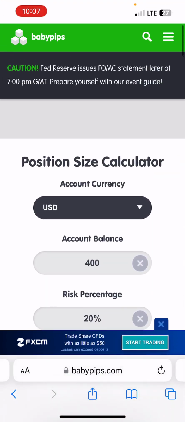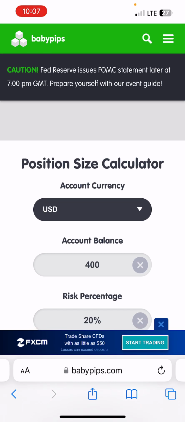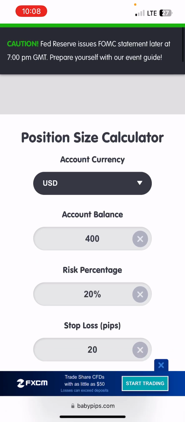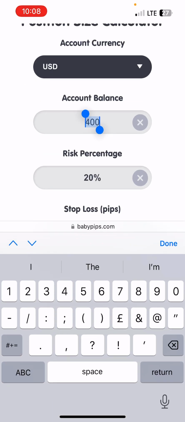So now if you are using a ProFirm, it will be very, very different. Okay, ProFirm is very, very different because the ProFirm will give you a leverage of 1:100. So you can maximize your profit using this strategy on ProFirm.